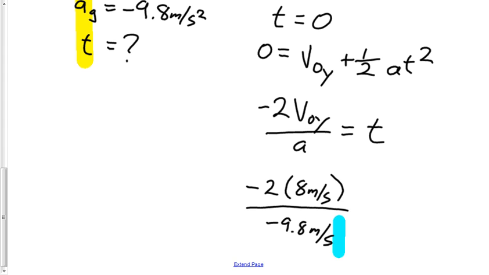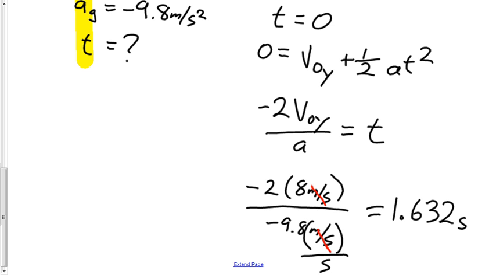There we go. Meters per second per second. I'm going to write the units that way instead of meters per second squared. The reason is I want to show that the meters per second will cancel out, and we'll be left with time. So the dimensional analysis here is going to work. This will give us a value of 1.632, and that will be seconds.